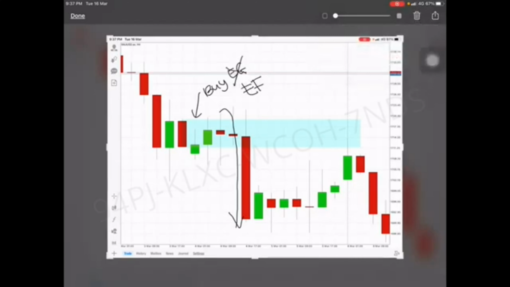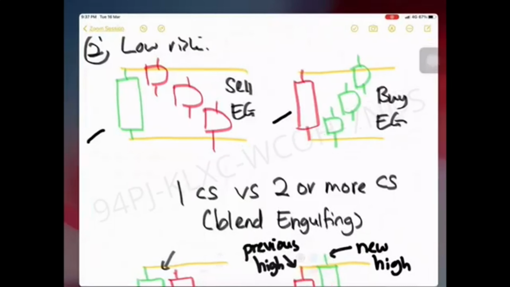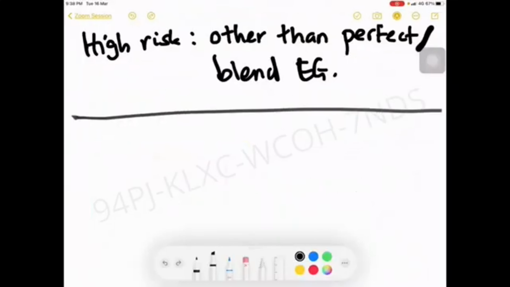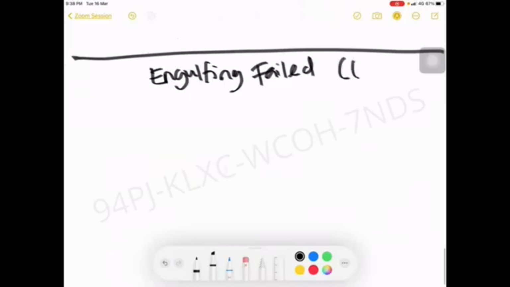Okay, so now we are going to EF. This is the next one. So we're going forward to EF. Engulfing fill. Like this.